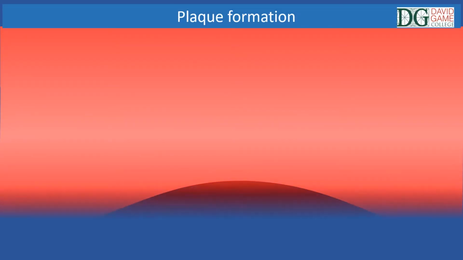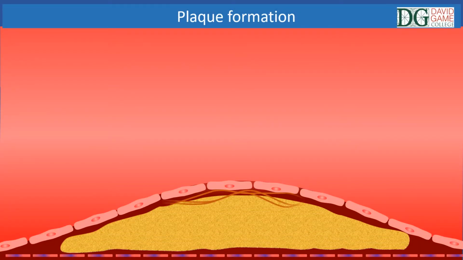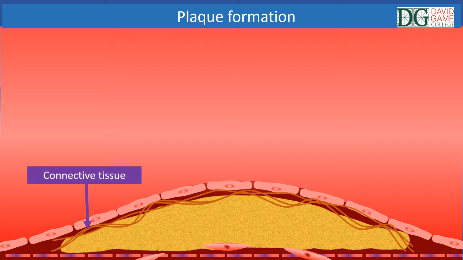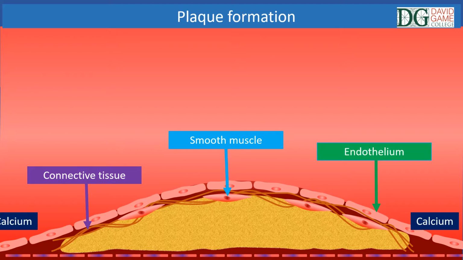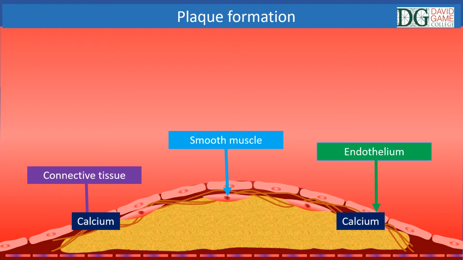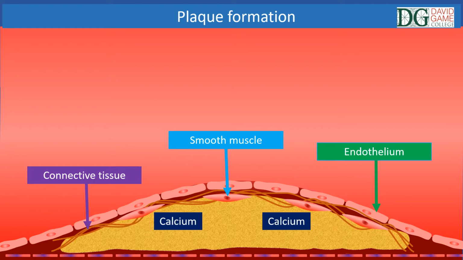Over time, chemicals released by the white blood cells stimulate the proliferation of connective tissue and smooth muscles under the endothelium. Fatty deposits become impregnated with calcium salts, causing the plaque to become calcified.